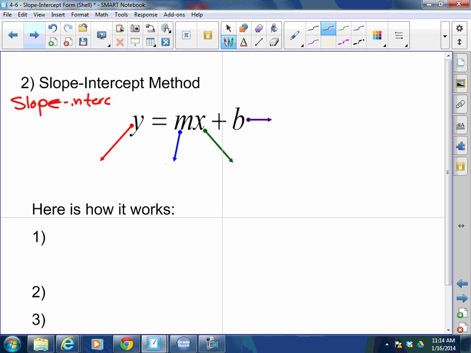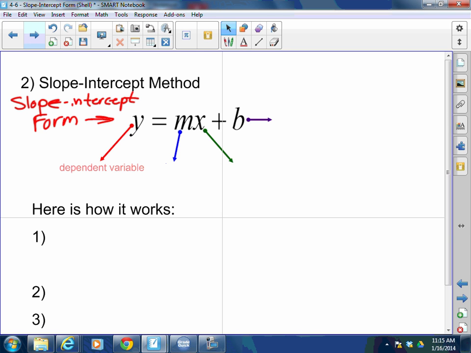slope-intercept form. The slope-intercept form is y equals mx plus b. Y is always the dependent variable. It depends on x. M is the slope.